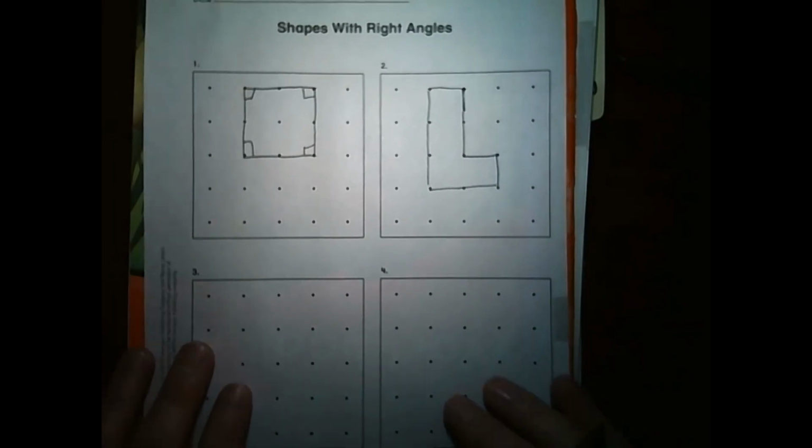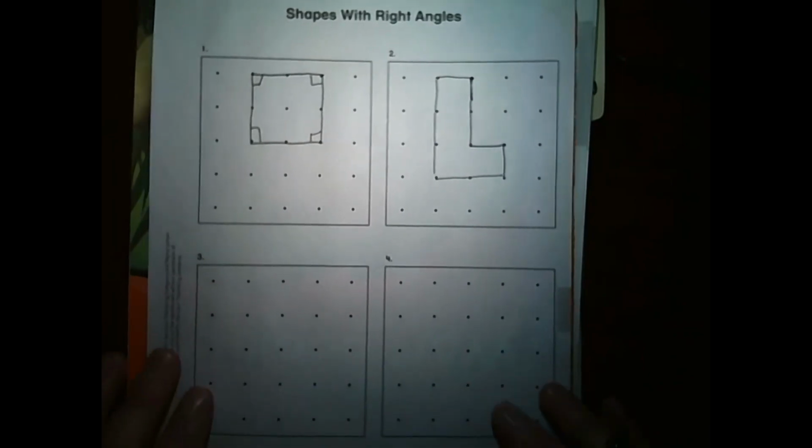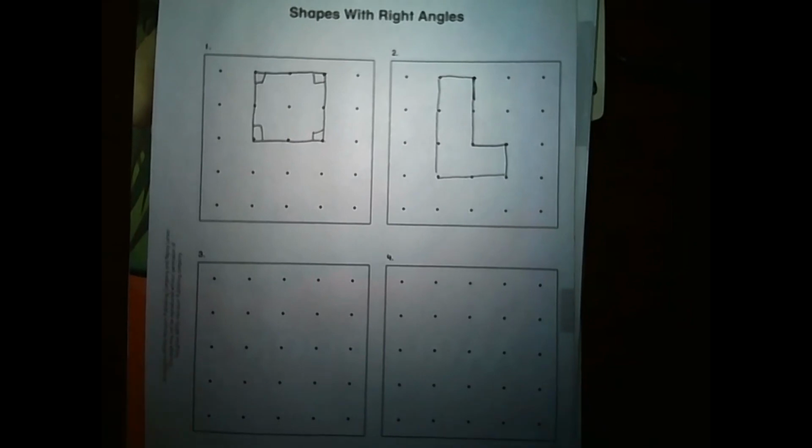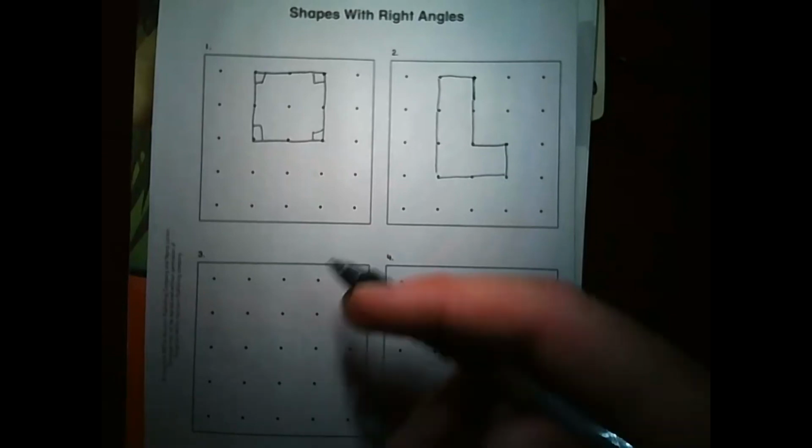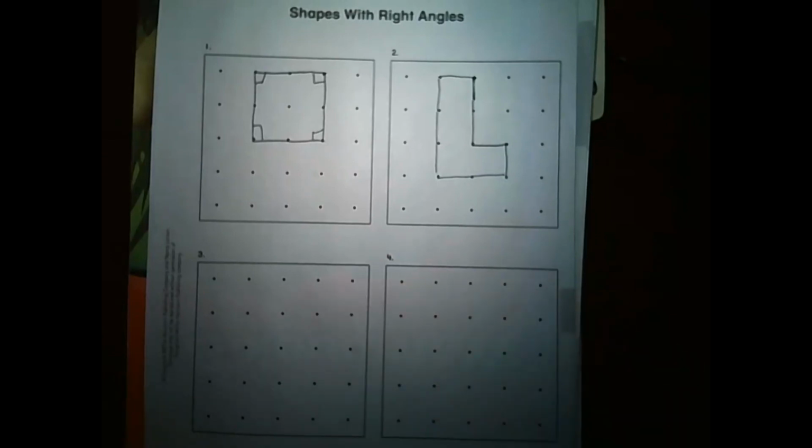All right. Cool. Now, what I want you guys to do at home and on Google is make your own shapes with right angles. So if you're at home, you can draw like a rectangle, you could draw a bigger square, what else could you draw that has a right angle? You could try drawing the house that was in the other lesson.